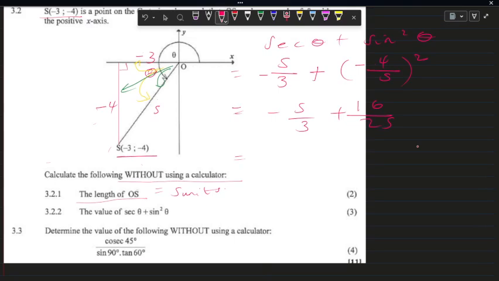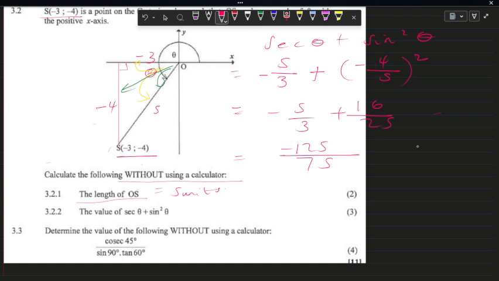We can determine the lowest common denominator by multiplying the two denominators. 3 times 25 is 75. Okay, and then we will say 5 times 25. Now, 4 times 25, that is equal to 100, and then plus another 25, that is 125.